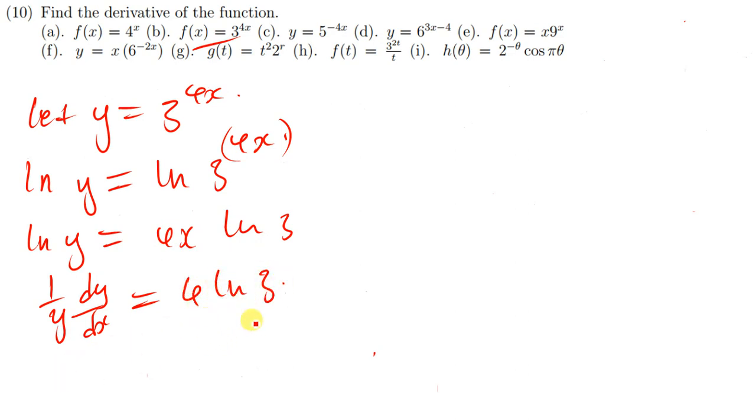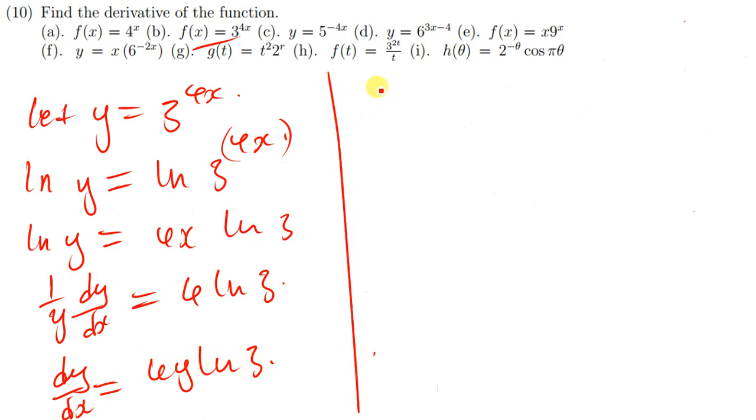Yeah, so we can cross multiply to get dy/dx, which will just be 4y ln 3.